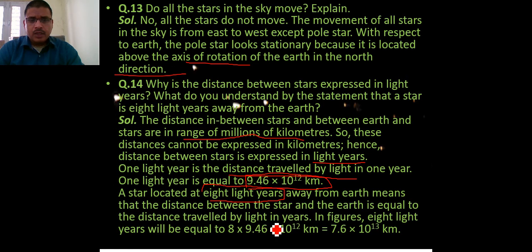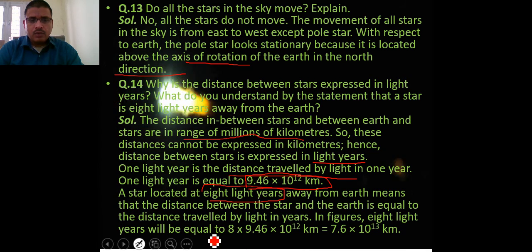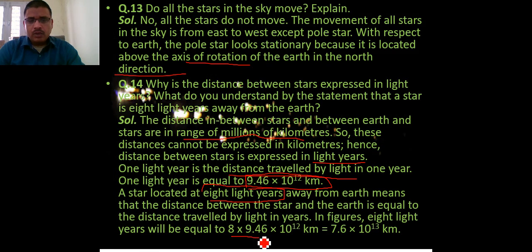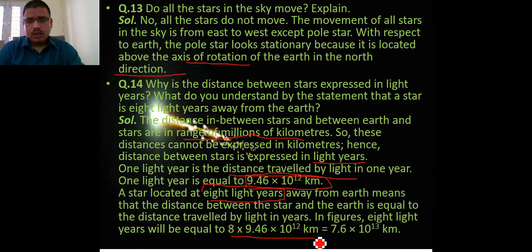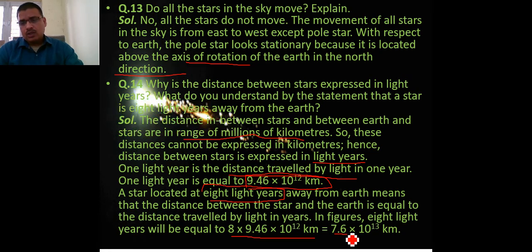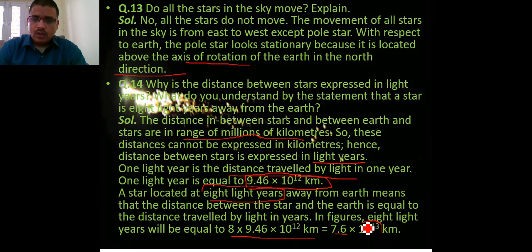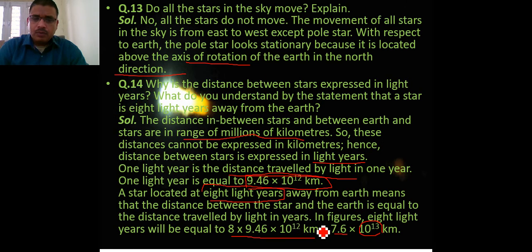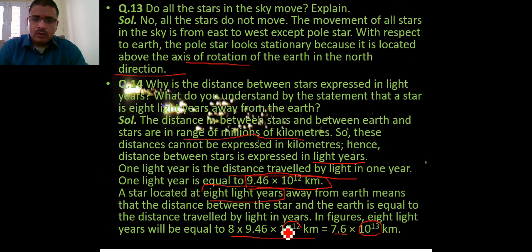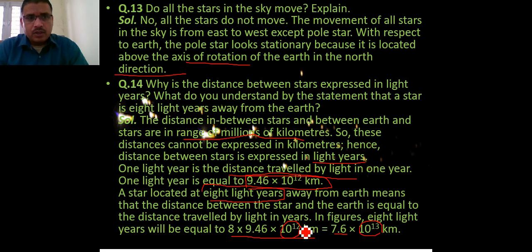In this figure, 8 light years will be equal to 8 multiplied by this quantity, and that comes to 7.6 into 10 to the power 13 kilometers. It is all about this chapter.